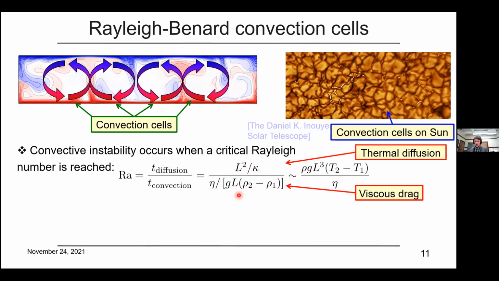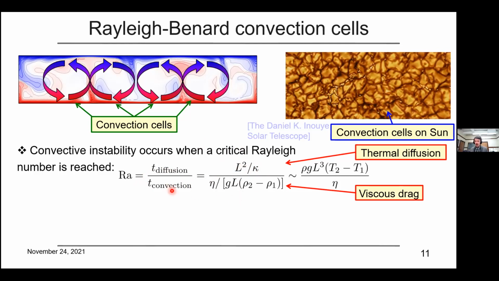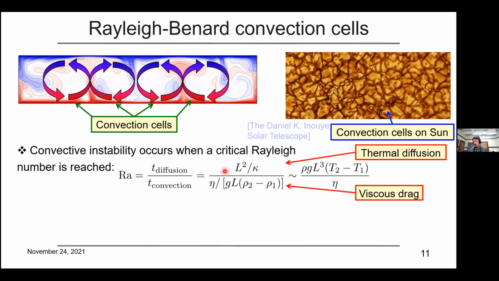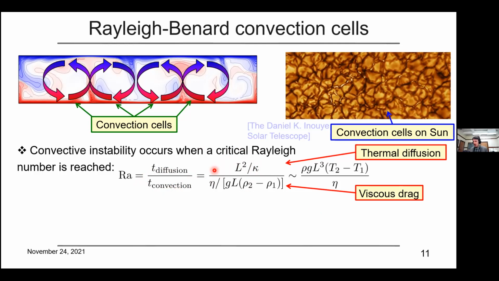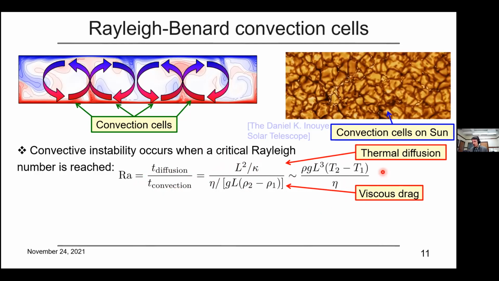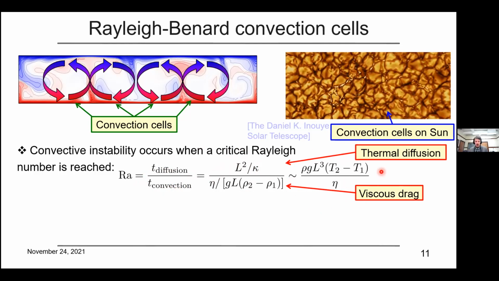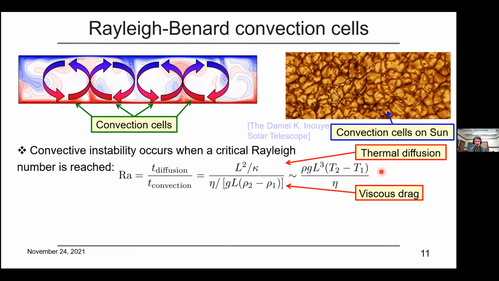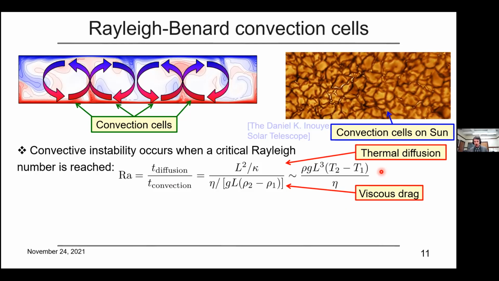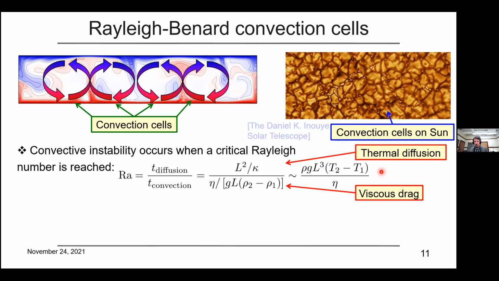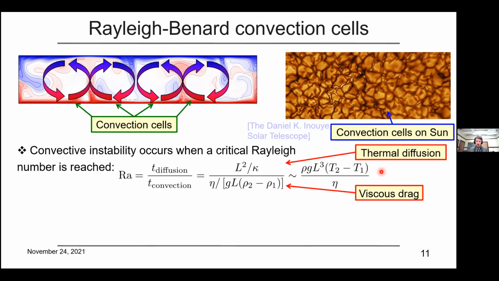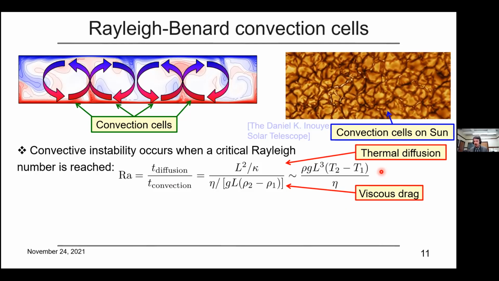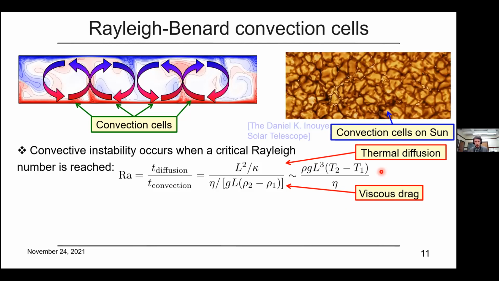And as for the viscosity, we can determine the corresponding time scale via the viscous drag force. So by doing some simplifications and assuming thermal expansion, we arrive at this expression. Essentially, the Rayleigh number is determined as a multiplication of force, system size, and temperature difference, and it is inversely proportional to the viscosity. Indeed, the more viscous the fluid is, the harder it is to stir it and achieve some motion of this fluid.